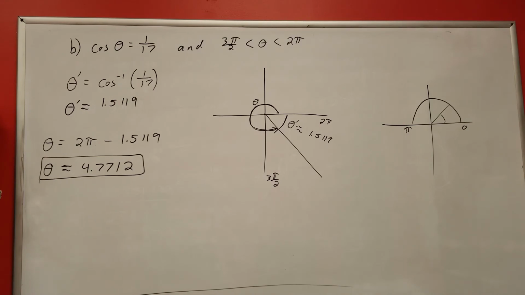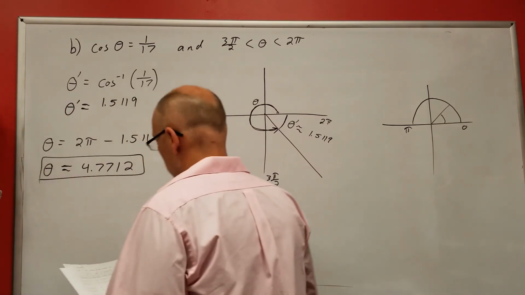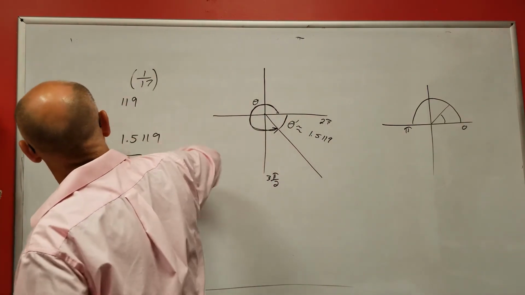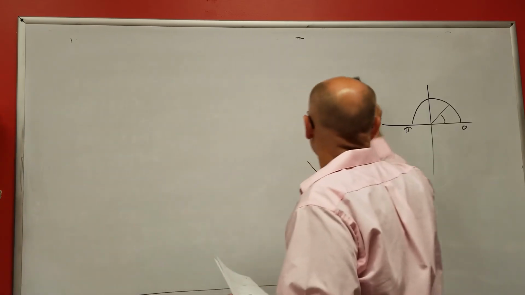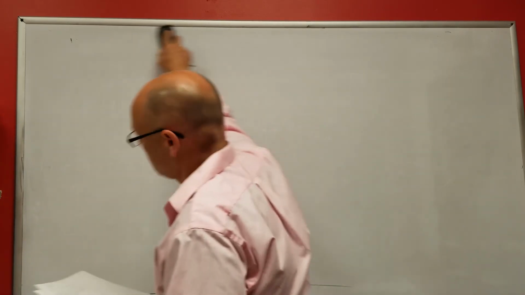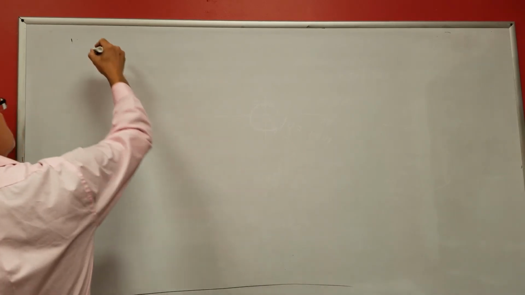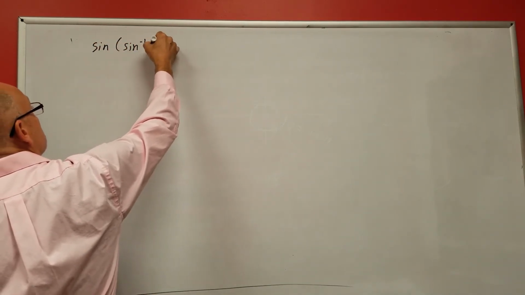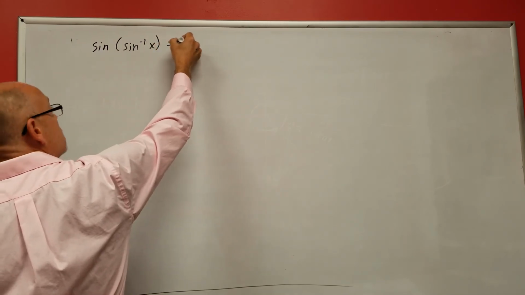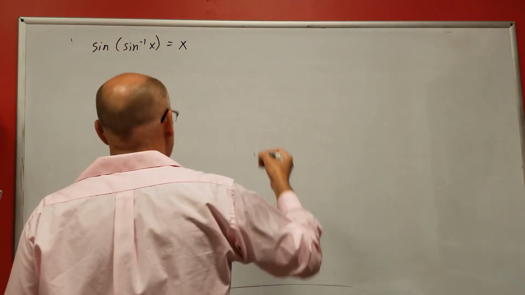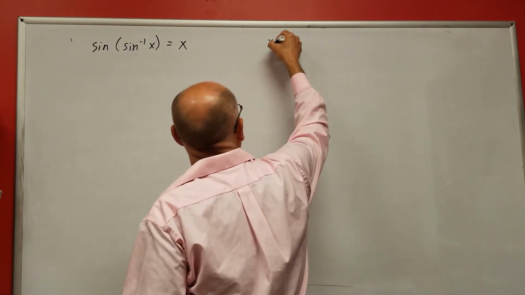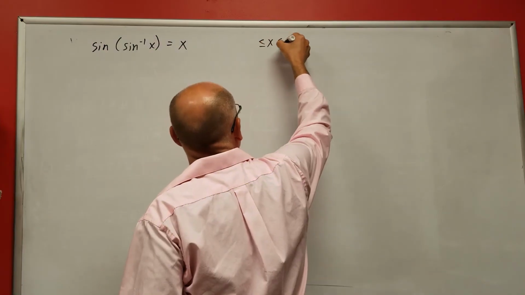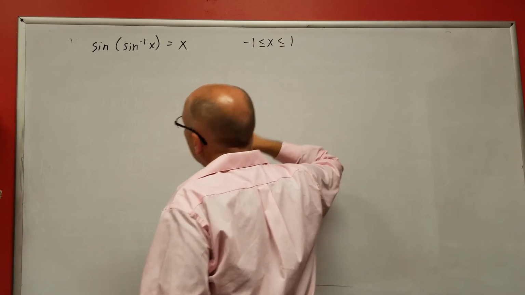All right, let's see what else we got here. Then your book talks about composing trig functions and their inverses. So it has a little section that says, if I take the sine of the inverse sine of x, that's equal to x if x is between -1 and 1.